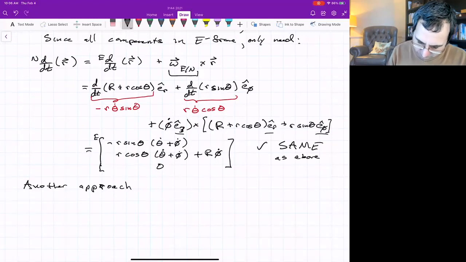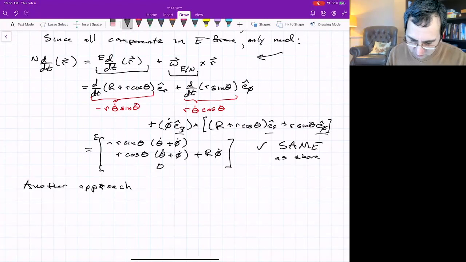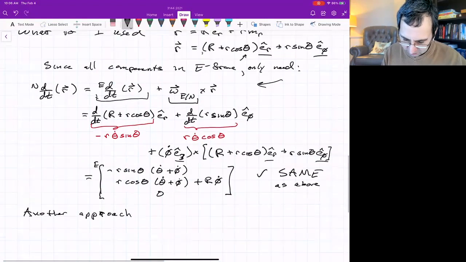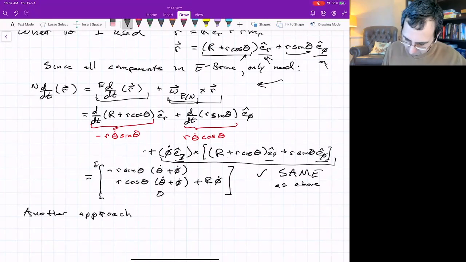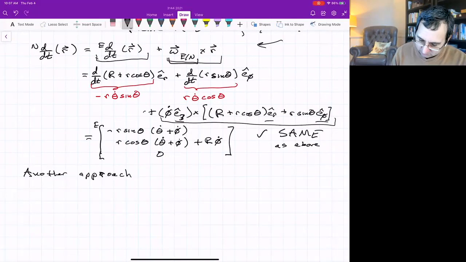Before we get there, remember up here in this formula, this is the derivative of things as seen by the E frame. So all we have to do is plug in the components because we know that the unit vectors are not changing. And then the part that takes into account that things are rotating is just that, which we've just put here. So I just wrote it differently.